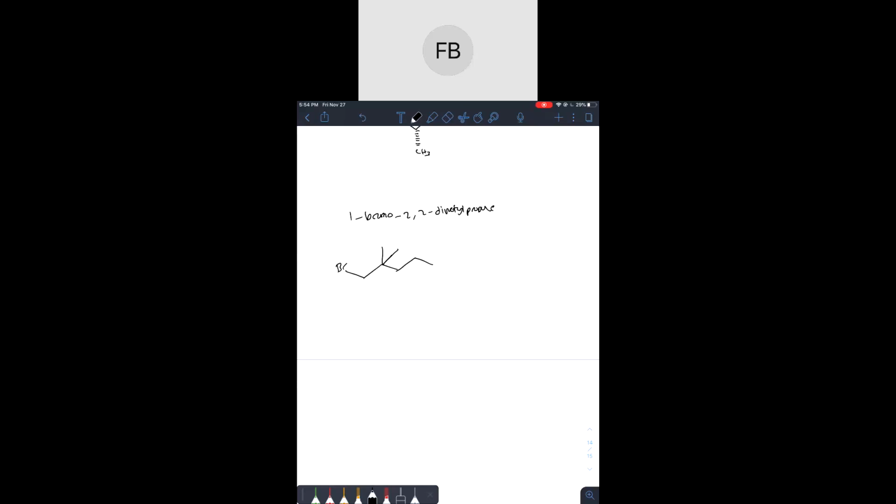What are we looking at? It's a primary leaving group, right? Primary leaving groups have difficulty undergoing SN1, because it is primary, right?